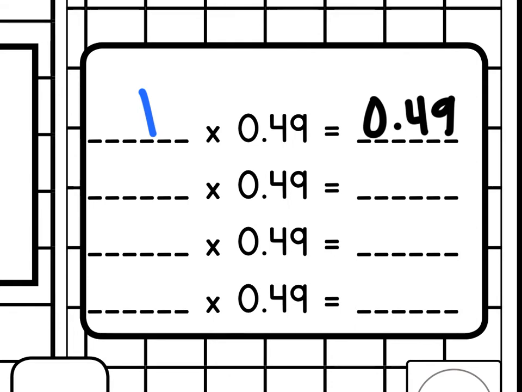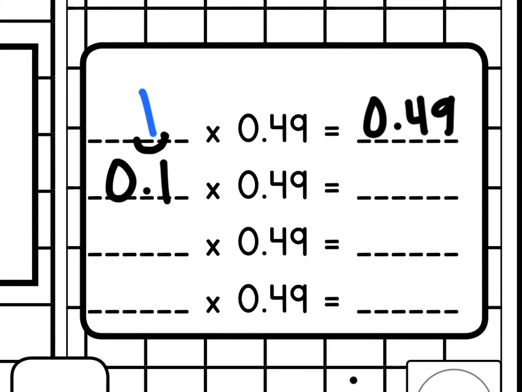Now, since we are decreasing our powers of 10, we are moving to the left. So if our decimal is right here, we will take that decimal and move it to the left. And so instead of 1, now we will have 0.1.